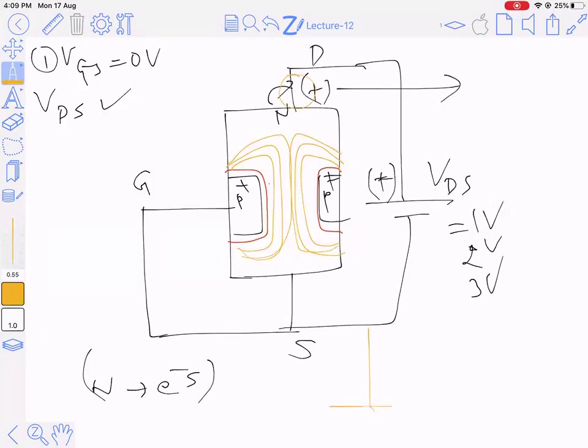And at that point, if I want to plot, this will be a plot of IDS versus VDS. So as you increase VDS, the current goes on increasing, the depletion region width goes on increasing, and when it touches each other, the channel is pinched off. Yes, the current will be constant. This is when your VGS is 0 volts.